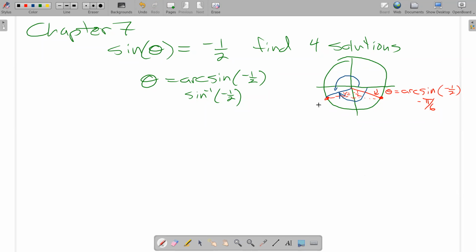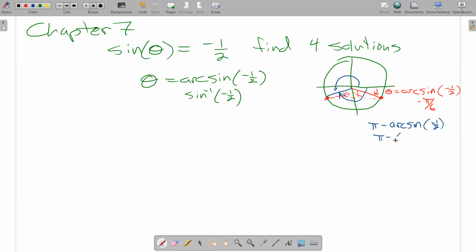And the other solution related to the sine is always going to be pi minus what the arcsine thinks. So let's think about that for a minute. Pi minus the arcsine for the other one. Let's use blue for that one. So the arcsine believes the angle to go with the ratio of -1/2 is -pi/6.